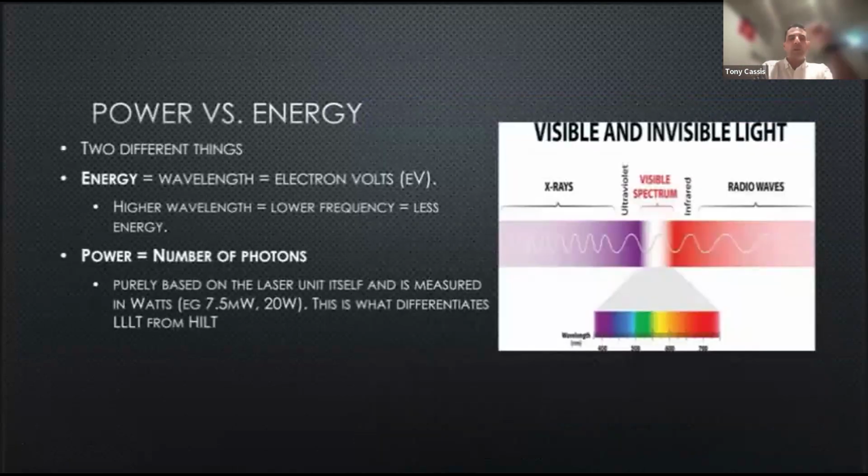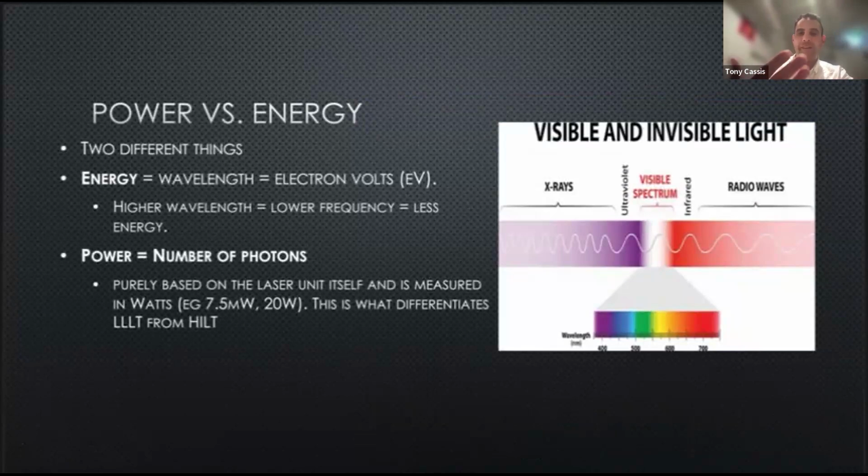So this is probably the most important slide when we talk about power versus energy. Let's talk about energy first. Energy, as I mentioned earlier, is specific to the wavelength. So how much energy is exuded by the particular wavelength that you're seeing.